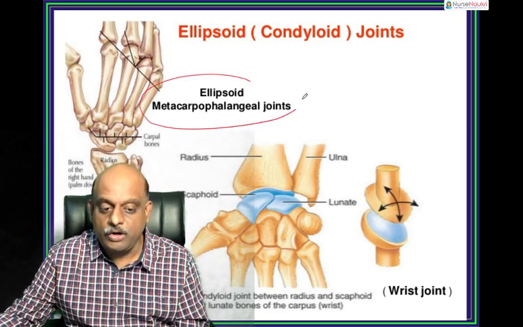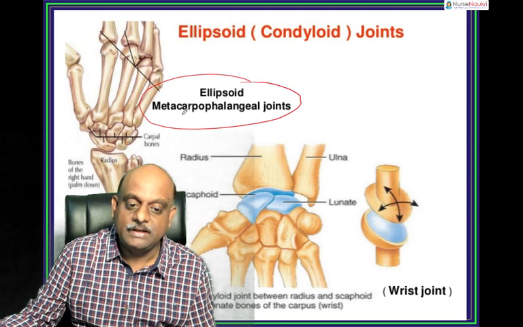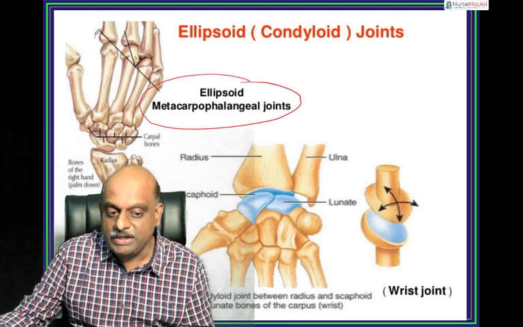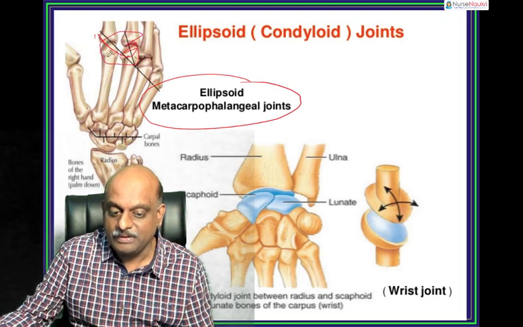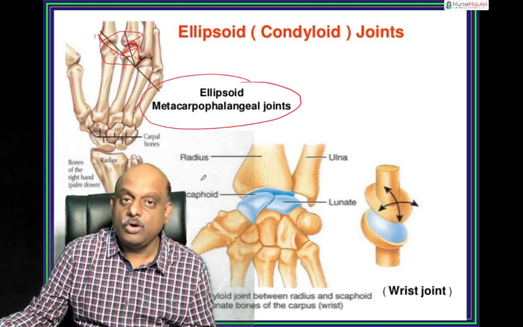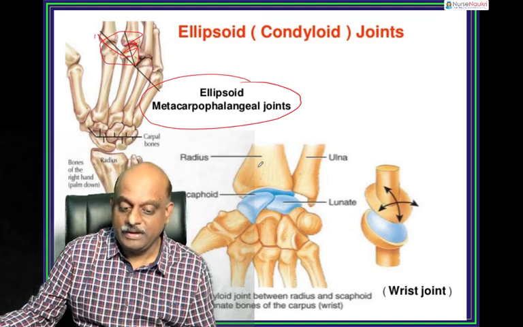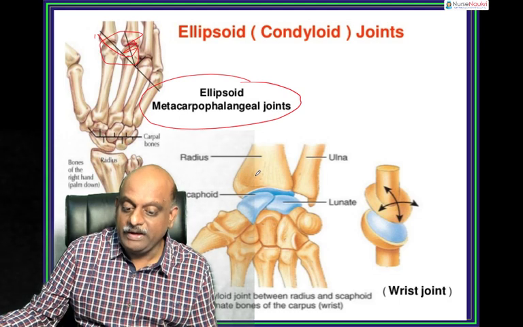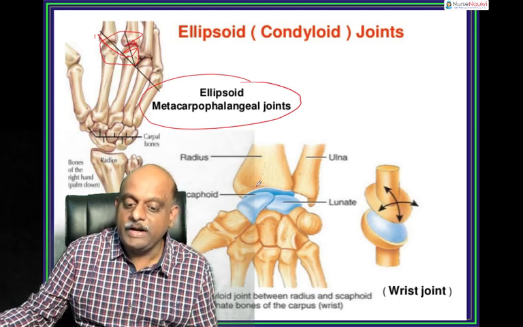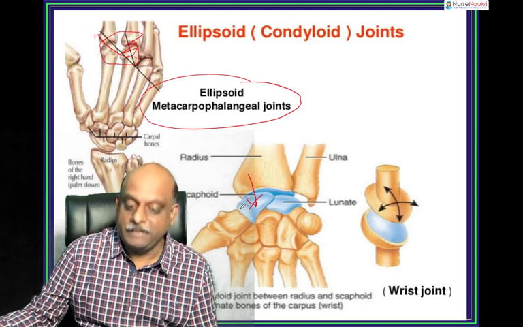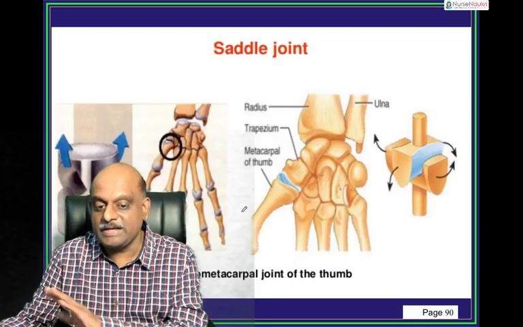The ellipsoid joint, best example is the metacarpophalangeal joints. Then condyloid joint, the example is between the radius and the scaphoid and lunate bones of the carpus in the wrist, the classical example.